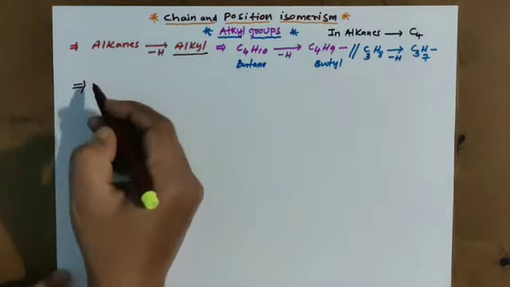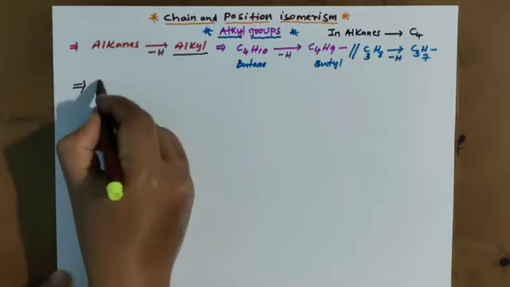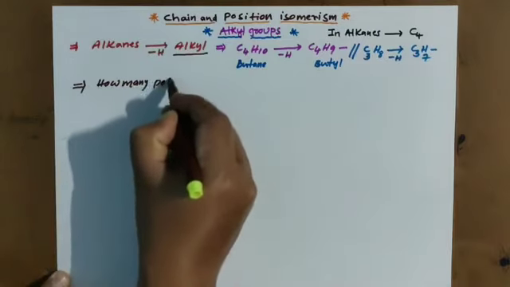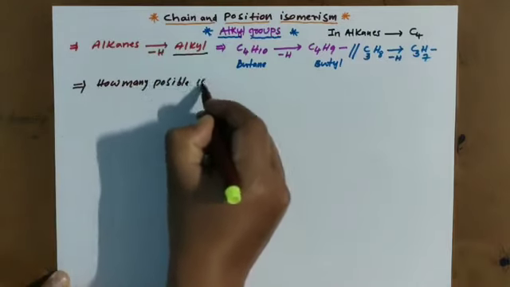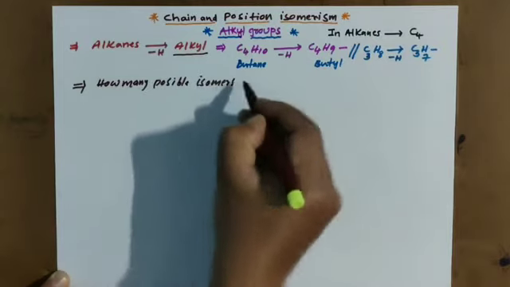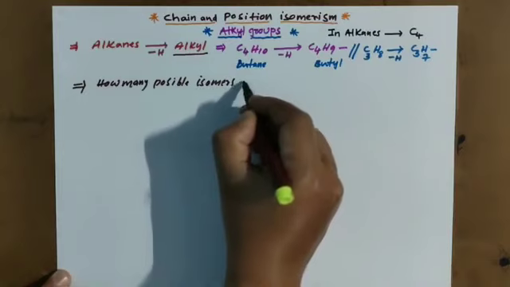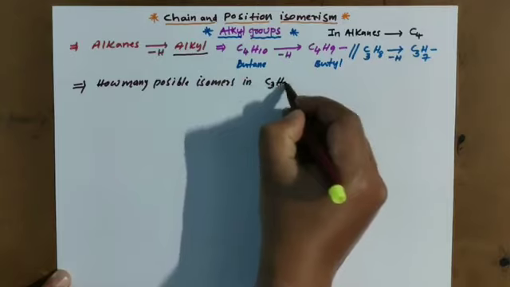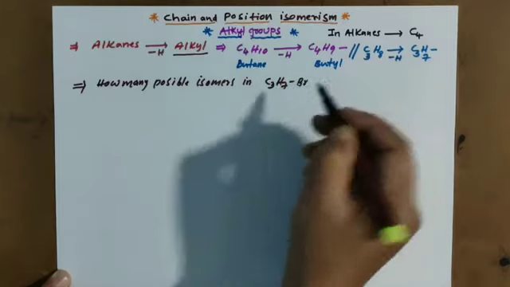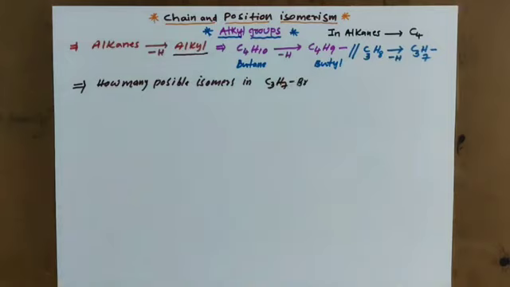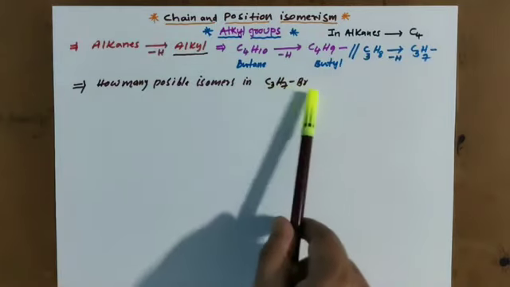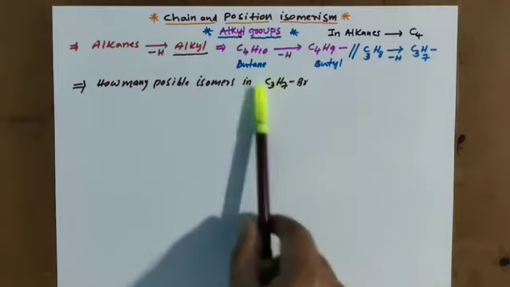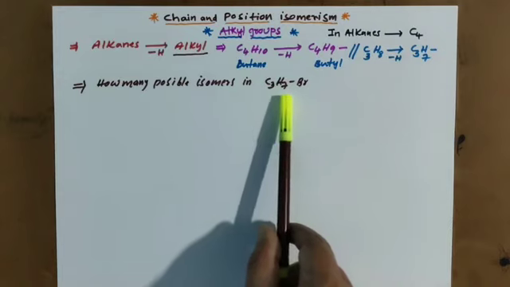For example, look here. How many possible structural isomers are there in C3H7Br? This is the question given. Bromopropane or propyl bromide. This is not an alkane, it is a haloalkane.